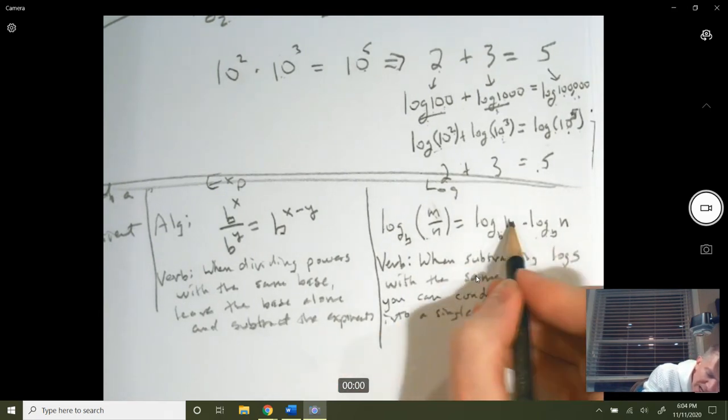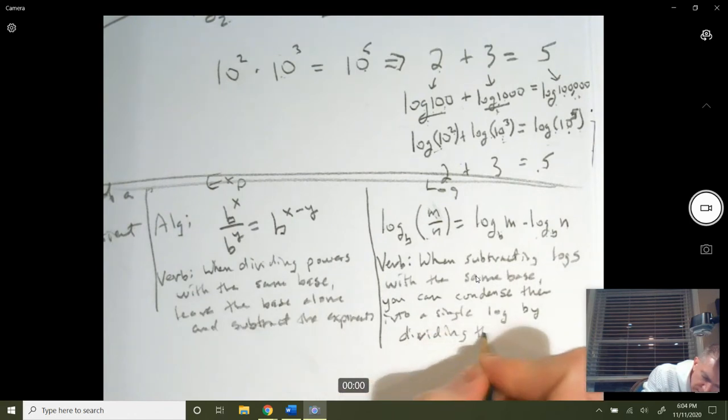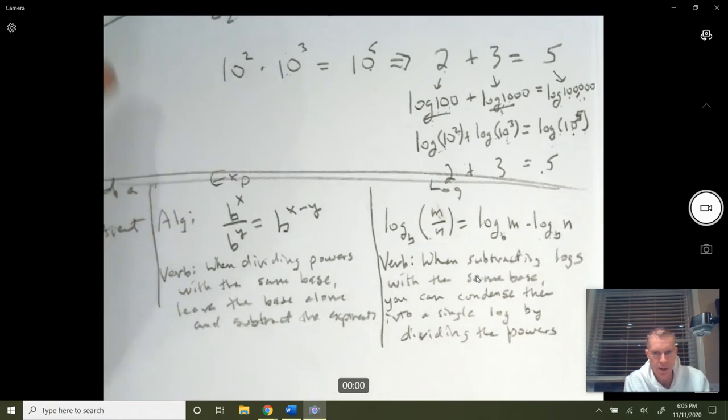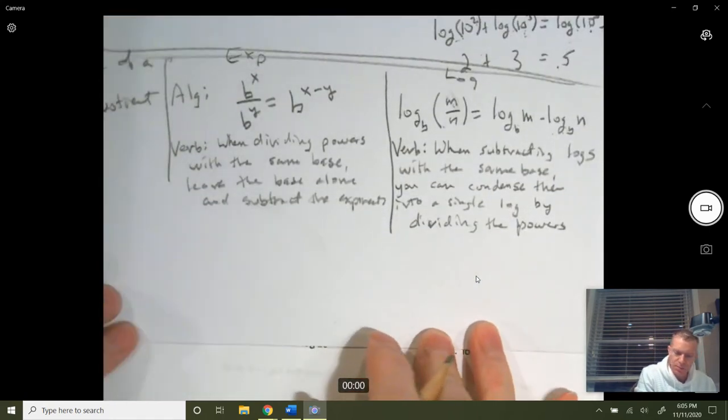We're dividing m and n, the arguments or the powers, by dividing the powers.